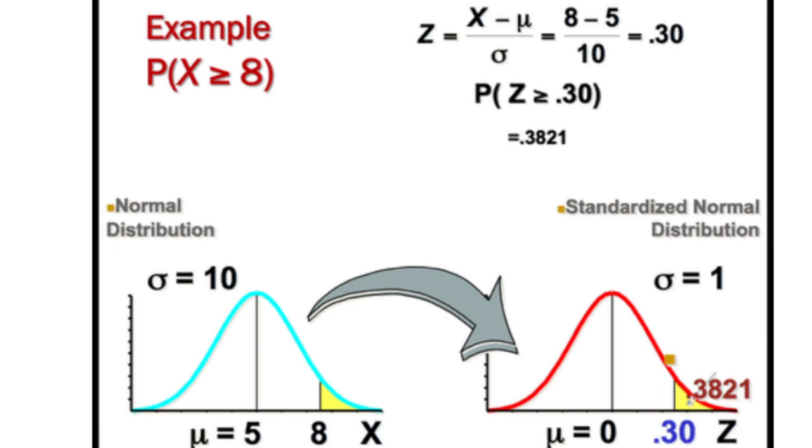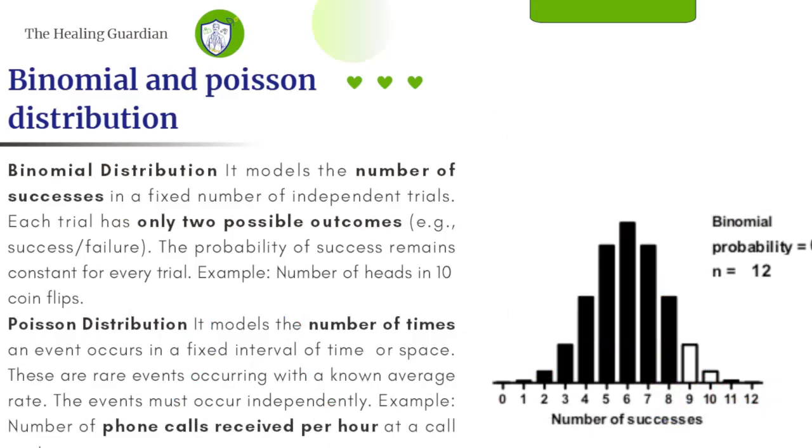That's why I say that in a standard normal distribution, the mean is 0. Then where we had 8, I get 8 minus 5 divided by 10, because I want to determine how many standard deviations are in between. So 8 minus 5 is 3. 3 divided by 10 is 0.3. I have standardized. That is what we call standardizing.